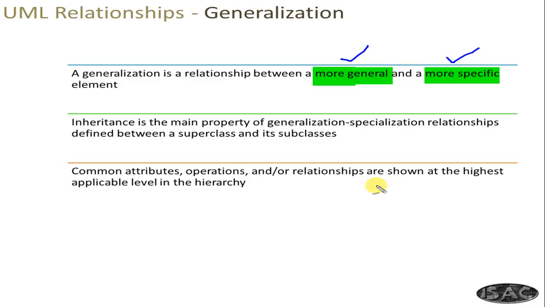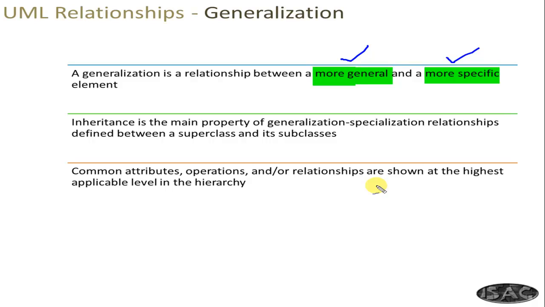Think about it: we define a financial institution and then we define another object or class called bank, or a central governing body like RBI, or a hedge fund company, or a mutual fund company.